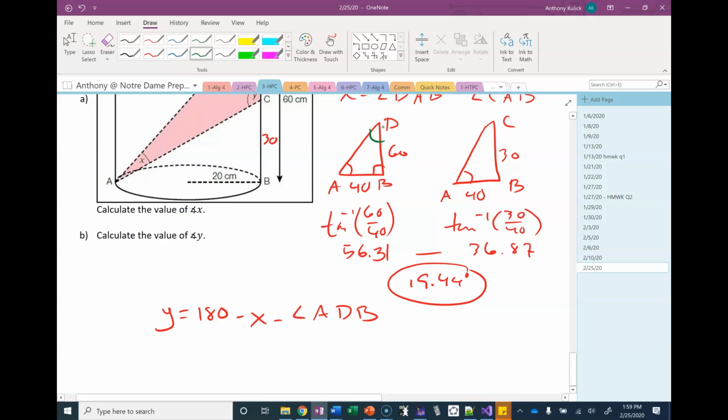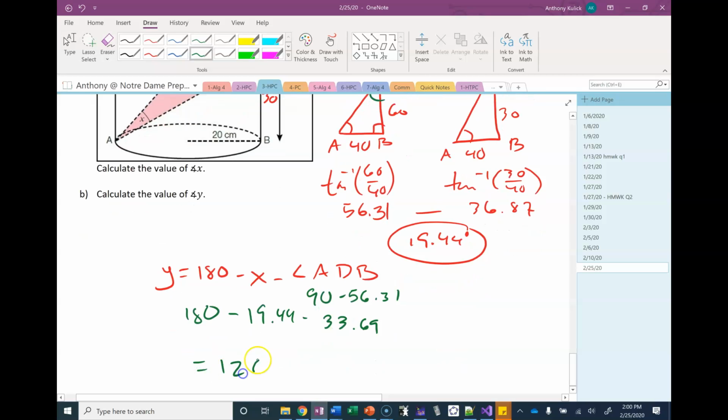So this is just 90 minus 56.31. So that's going to give me 126.87. Okay with that, Megan? Okay.